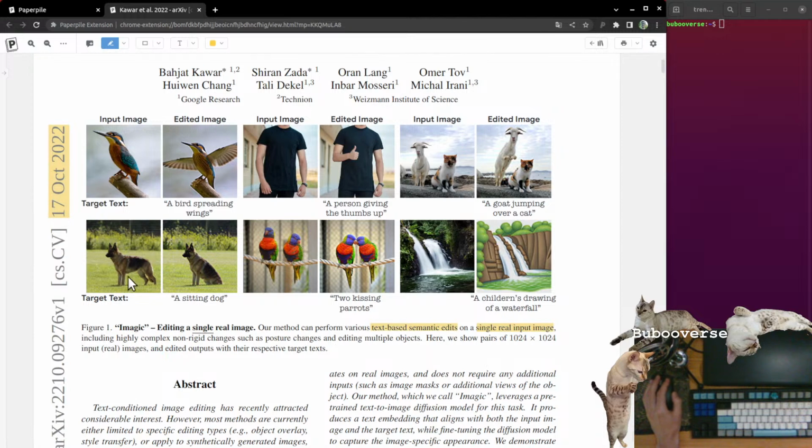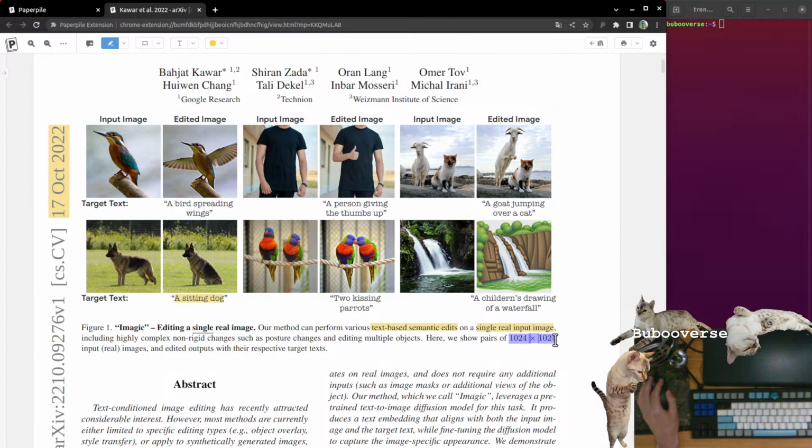You start here. This is the starting image, input image. For example, a dog standing up, and then you give it a text edit, such as a sitting dog, and then this diffusion model will edit the original image such that the text more closely matches the image.